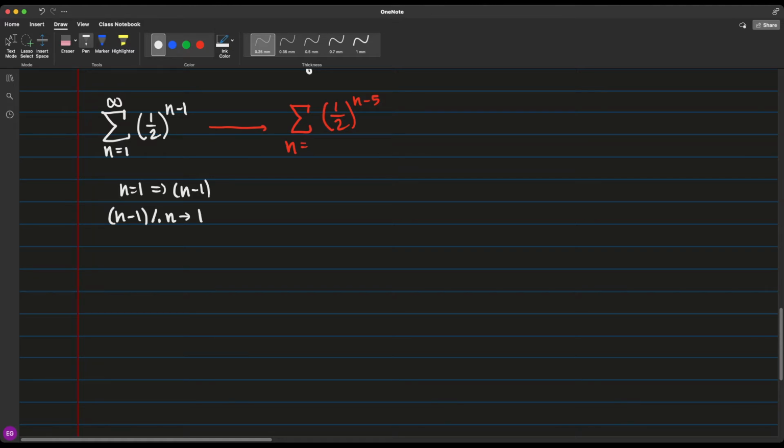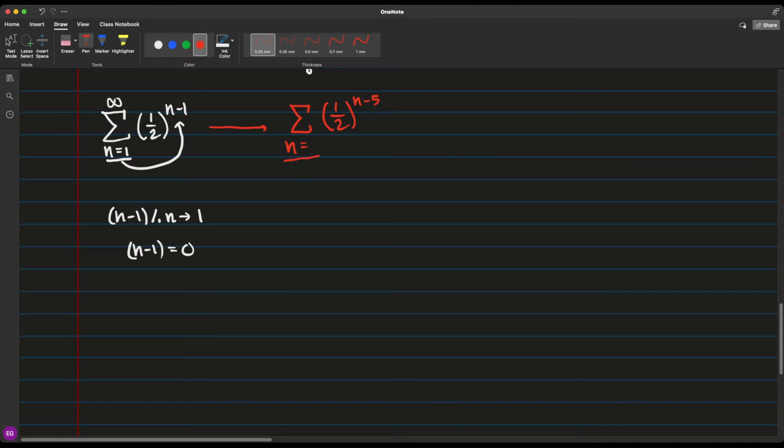If you plug n equals 1 into n minus 1, what does n minus 1 become? 0, right? If you plug n equals 1 into here, the first power is 0. So that means the same thing needs to happen over here.